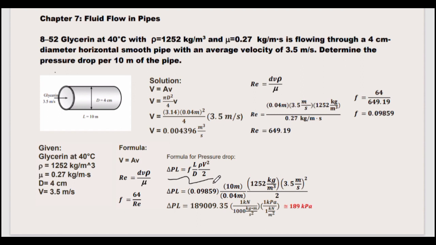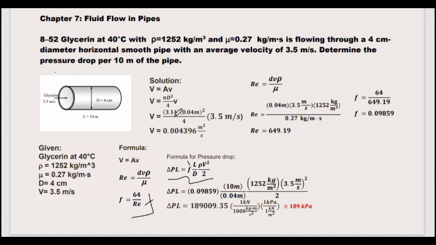So checking our values, we don't have a value of the friction factor in our given. So first, from the formula of the friction factor, we need to get the Reynolds number. In our solution for the discharge, V dot equals area times the velocity, which is pi d squared over 4 times the velocity.